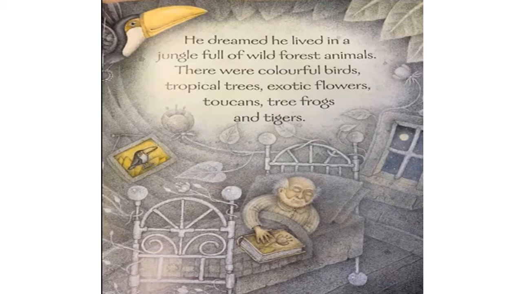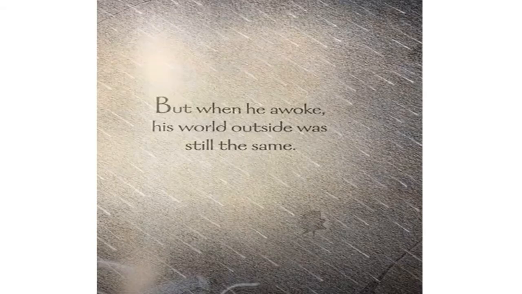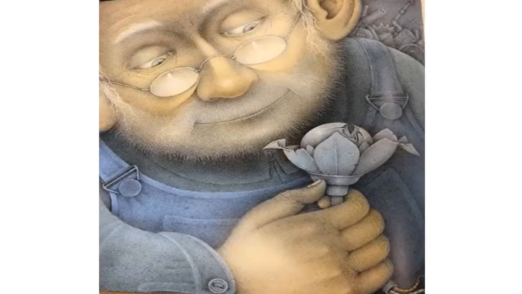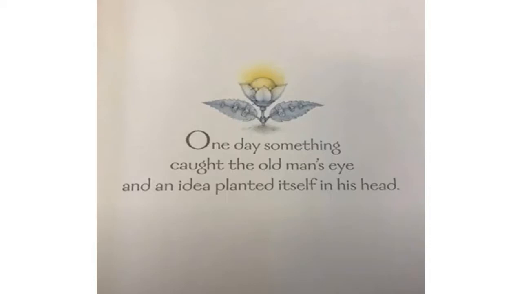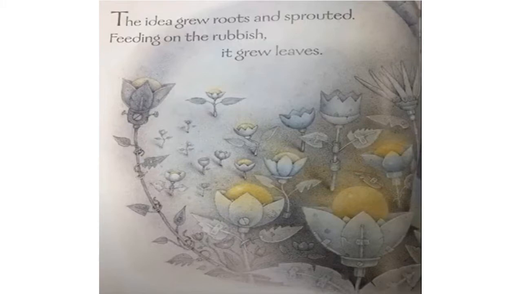He dreamed he lived in a jungle full of wild forest animals. There were colourful birds, tropical trees, exotic flowers, toucans, tree frogs and tigers. But when he awoke, his world outside was still the same. One day something caught the old man's eye, and an idea planted itself in his head. The idea grew roots and sprouted.